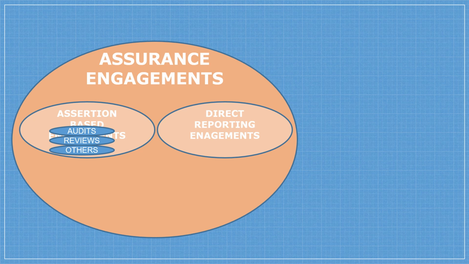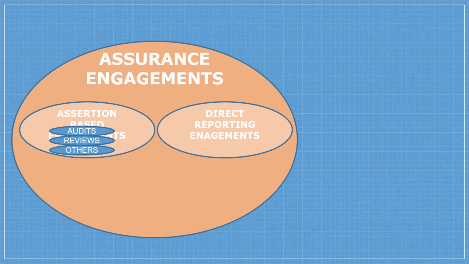That is not true because there are other assurance engagements that exist which are not audits. Examples are reviews or other assurance engagements or even direct reporting engagements. So this is how I would like to illustrate the difference between these concepts. Assurance engagement is the broadest, okay? And audit is just one of the many assurance engagements that fall under attestation.